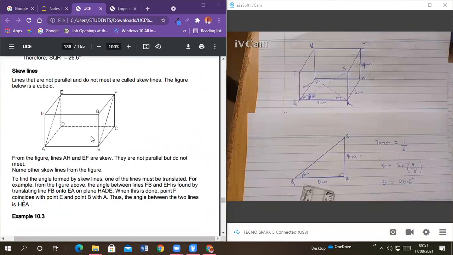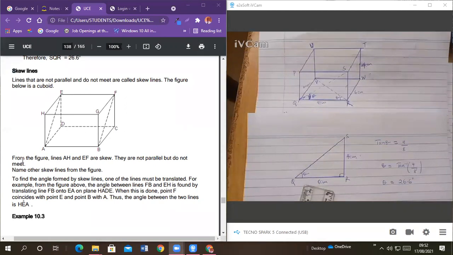The skew lines, they are saying that lines that are not parallel and do not meet are called skew lines. This is a figure which is of a cuboid.